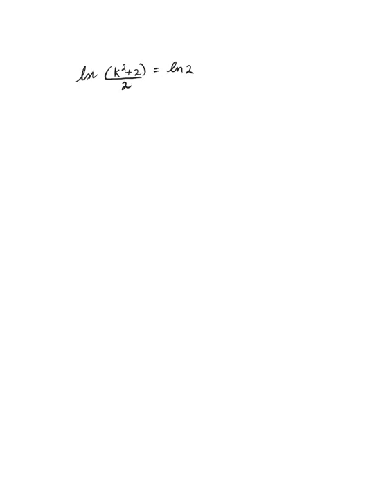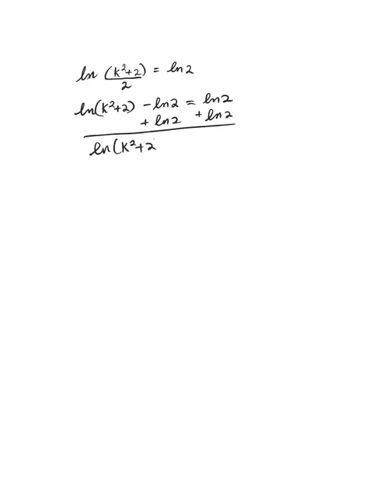Okay, I could rewrite this as ln of k squared plus 2 minus ln of 2 equals ln of 2. Add ln of 2 on each side. We get ln of k squared plus 2 is equal to 2 ln 2.